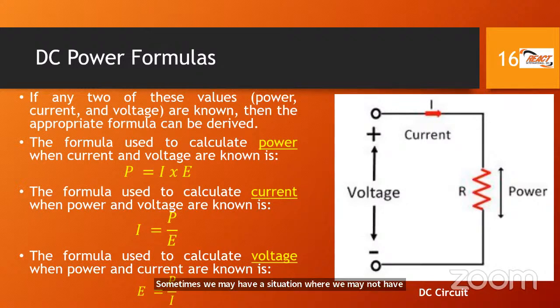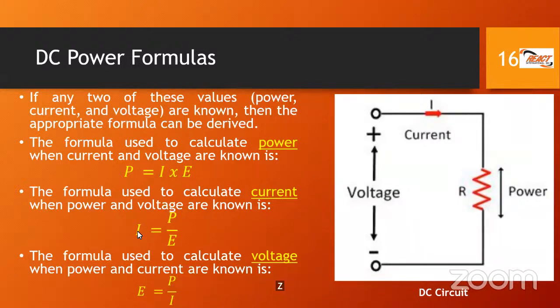We may have power, but we may not have another quantity like current or voltage. So just like Ohm's law, we can use algebraic manipulation and move the terms around. When we want to calculate power and we already have the other two terms, current and voltage, that's P is equal to IE, all well and good.